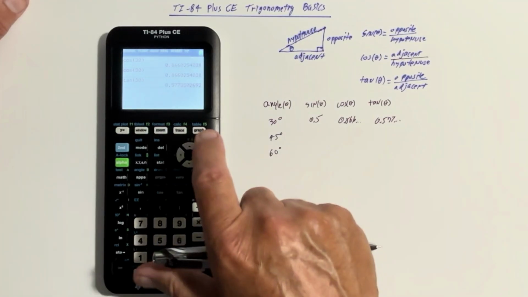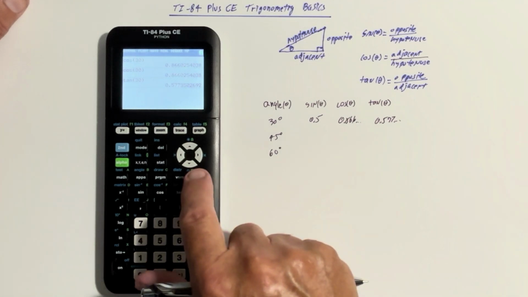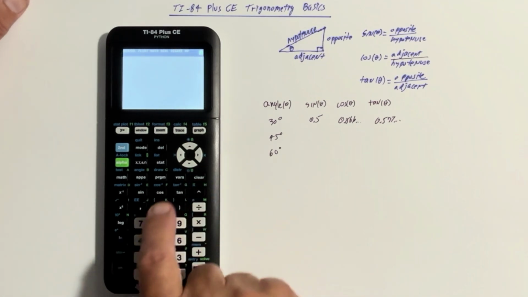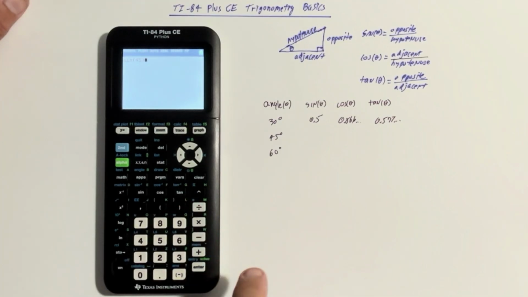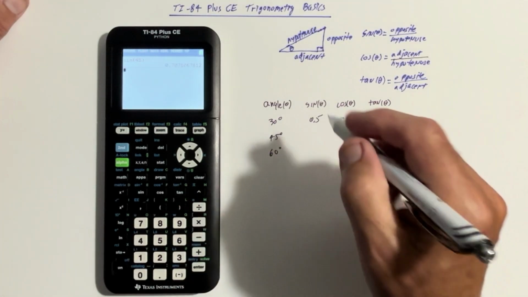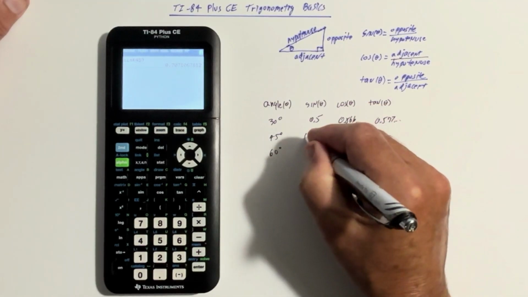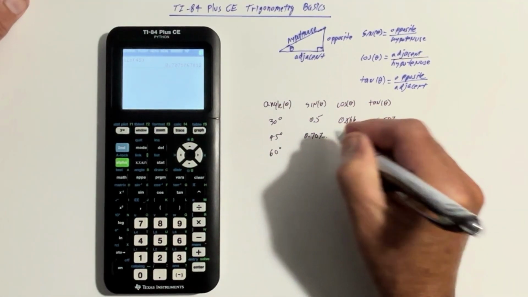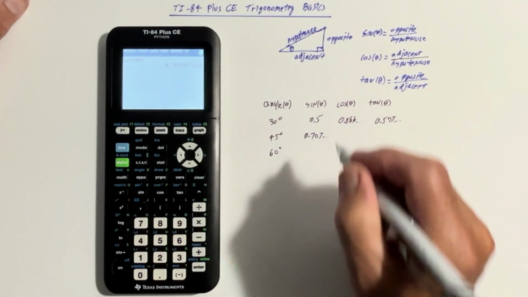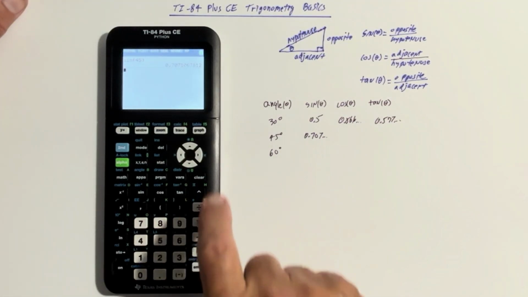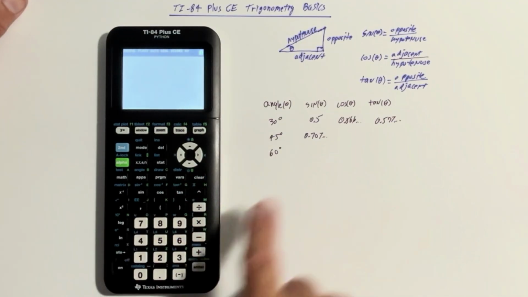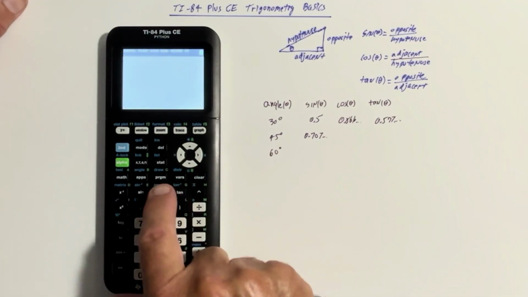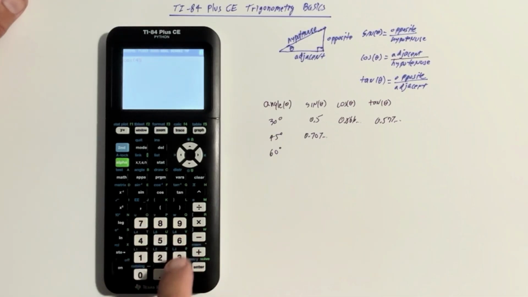Now let's do 45 degrees. Clear it. We're going to do the sine of 45. Enter. 0.707. This just means that it's a continued number. They're going to be irrational numbers. They go on forever. And let's do the cosine of 45.